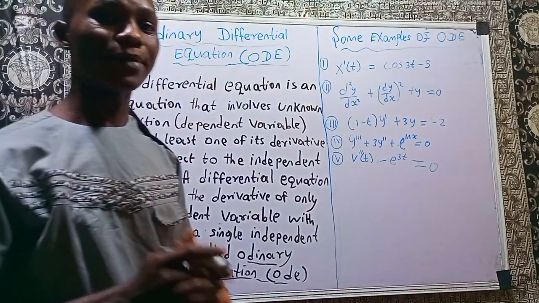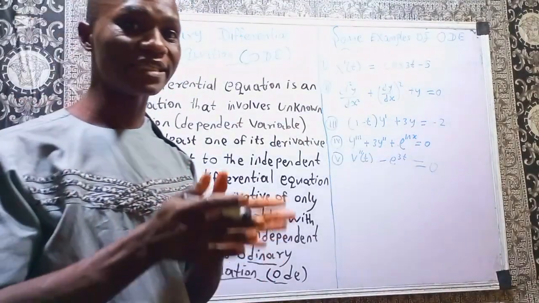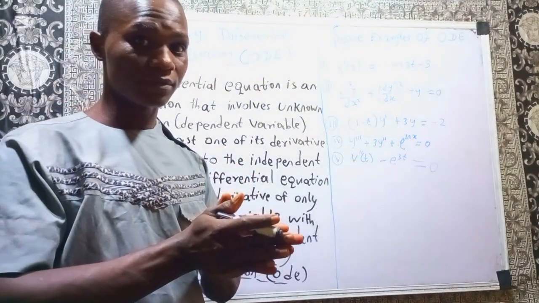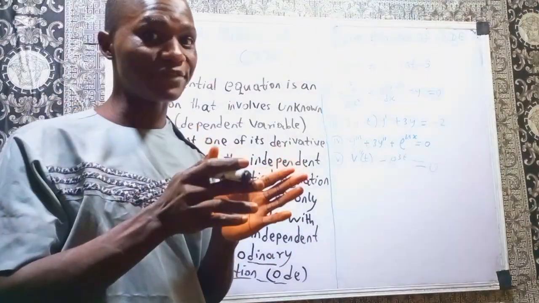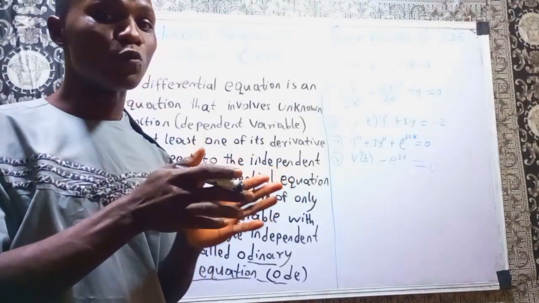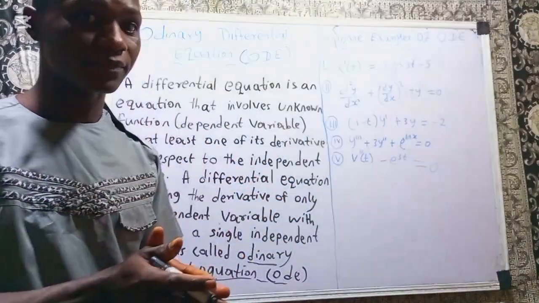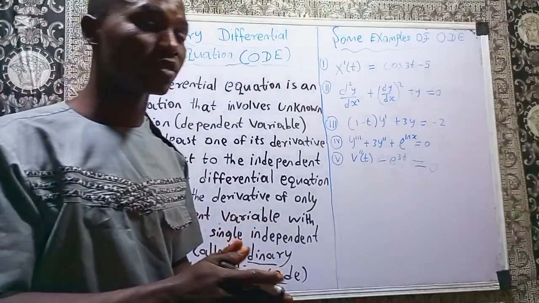So, when you're talking about a differential equation, you must have a dependent variable, and you must have at least one of its derivatives appearing in the equation with respect to the independent variable. So this is the meaning of a differential equation.